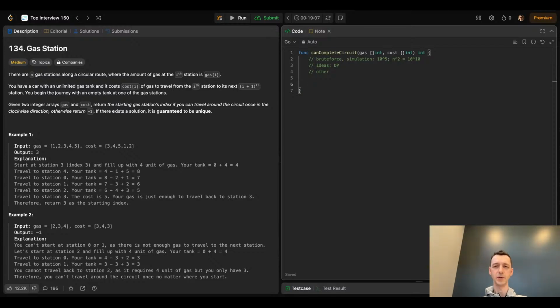So if you just check the total sum, it's already good to know that there is enough gas to do the circle in total: total gas equal or more than total cost.